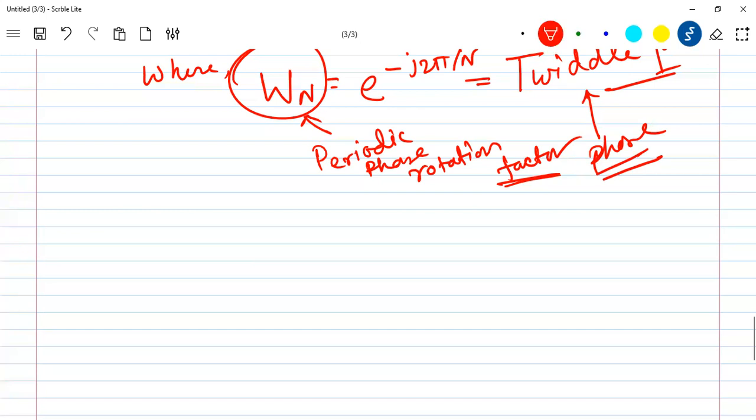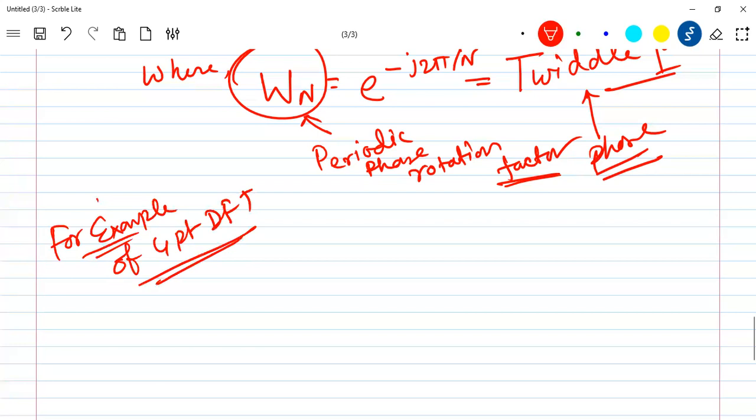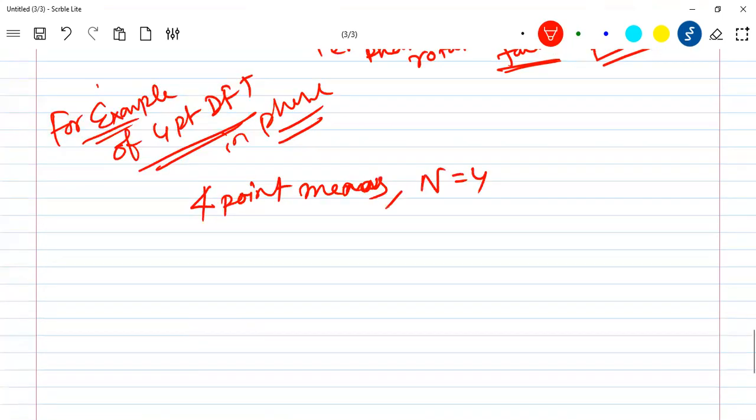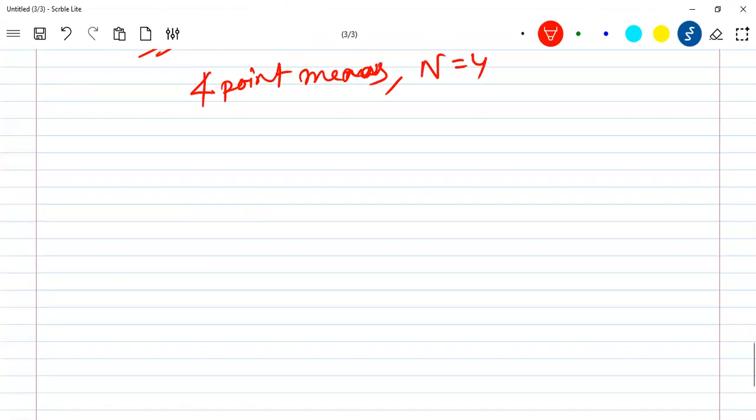Now we just take for example a 4-point DFT in phase. We try to find out. 4-point means capital N equals 4.